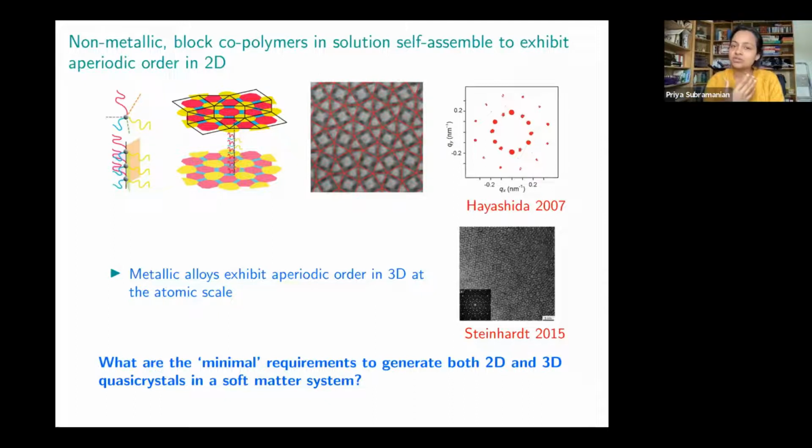And this is not just observed in a soft matter system as shown here. Earlier on, in the 1980s, it was also observed in 3 dimensions and at atomic scales, not nanometers, that you could find metallic alloys that were coalescing into icosahedra, and this icosahedra was somehow space filling in 3 dimensions.